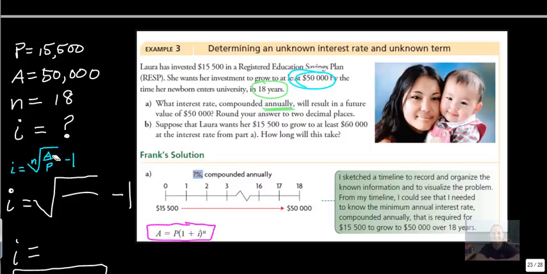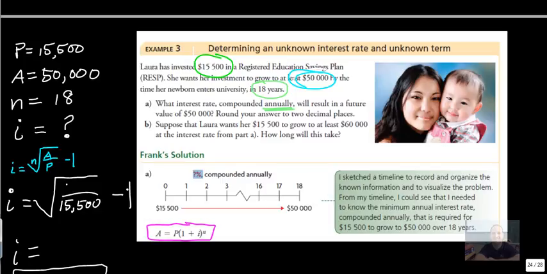We're going to use our interest rate formula right here, and plug in all the values that we have. The present value is how much she has: 15,500. So let's put that in.